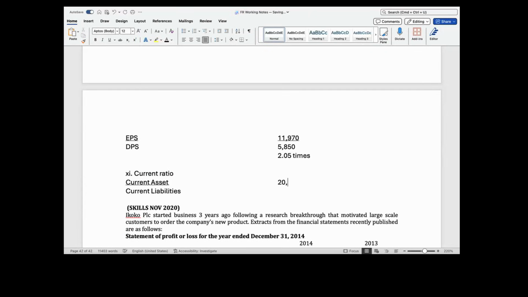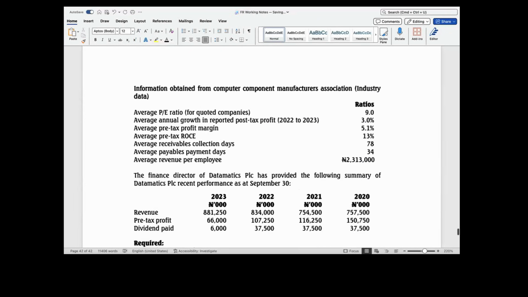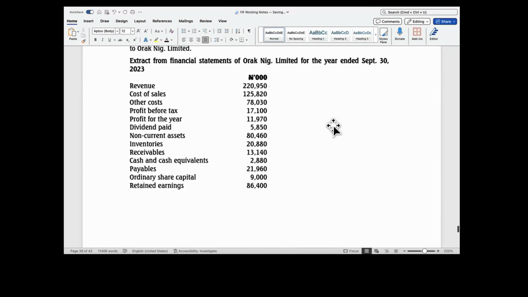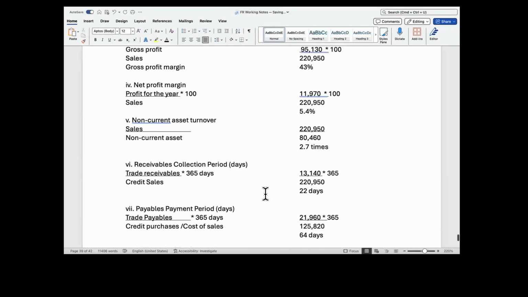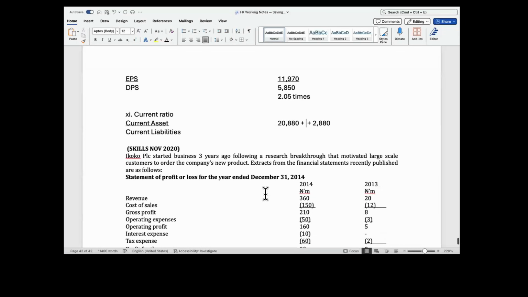Okay, 2880 plus 13,140 and 2880. What's my current liabilities?